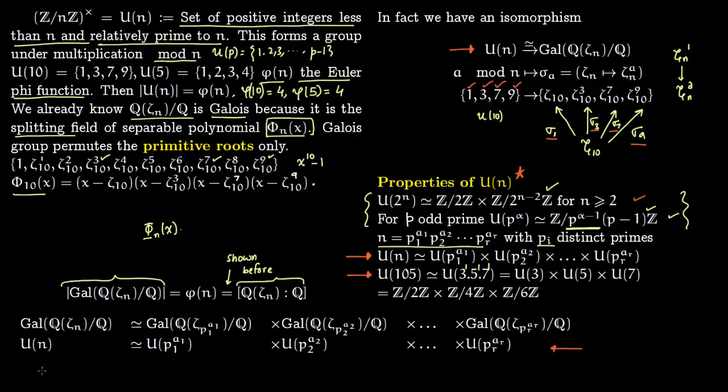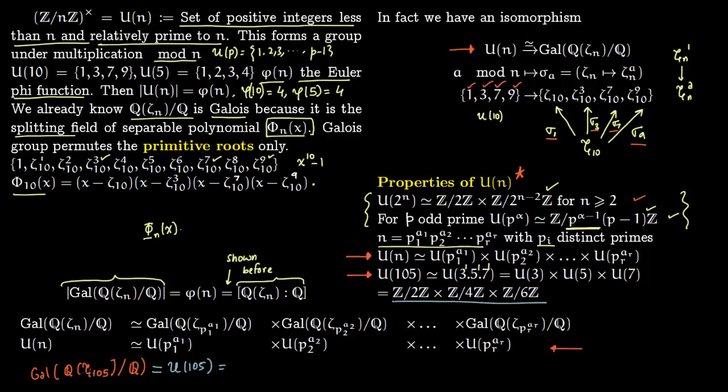So say you are asked to compute the Galois group of Q(zeta 105) over the rationals. We immediately know that this is equal to U(105), which is equal to this map right here.